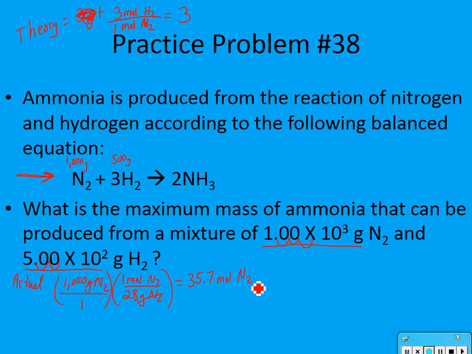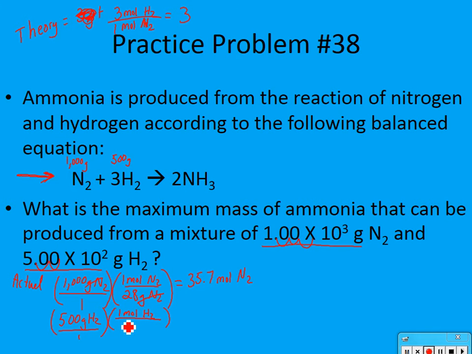Now let's figure out how many moles of hydrogen we actually have. We're starting with 500 grams of hydrogen, so let's start there. In 1 mole of H2, how many grams do we have?